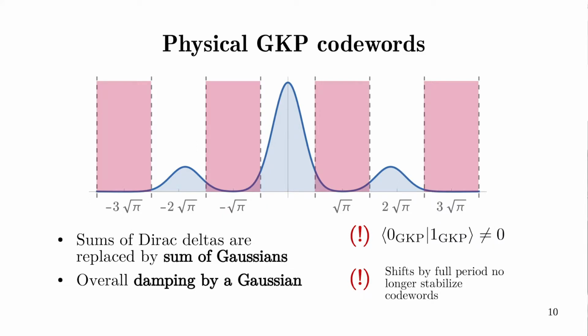Now, that was a highly unphysical wave function, and Gottesman, Kitaev and Preskill addressed this problem by giving a physical version of these wave functions. So we have our comb that's multiplied by an overall Gaussian envelope, and that's also Gaussianly blurred. Now, there are two problems with this.